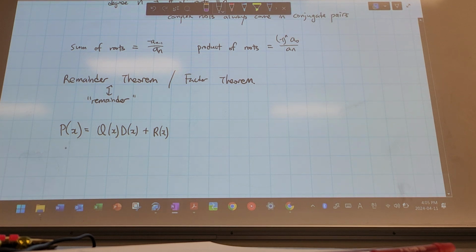So we do the polynomial division: p of x over d of x equals q of x plus the remainder over d of x. In all cases I think the remainder is just a constant number, but let's write it like this.